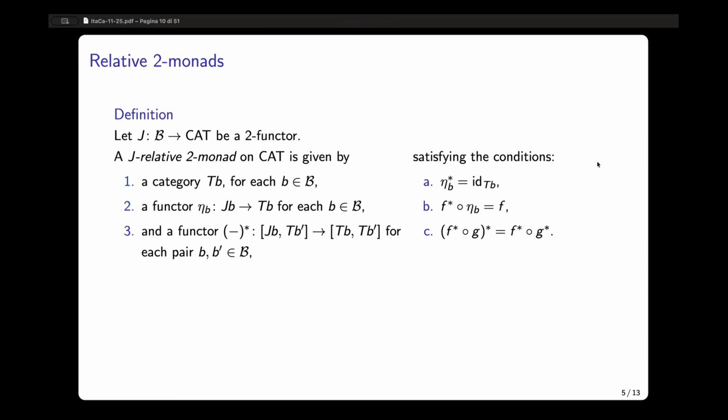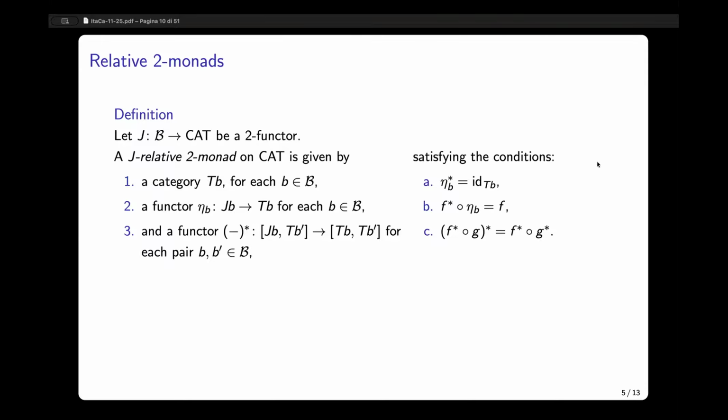So let me start by just reminding, if you haven't seen it, the notion that we will work with. So the notion of a J-relative 2-monad on Cat. So if we fix a 2-functor J from some 2-category into Cat, a J-relative 2-monad is given by choosing a category TB for each object B in our base 2-category, a functor from JB into this category, which will act as a unit, and then an extension functor from functors JB to TB' over to TB'.